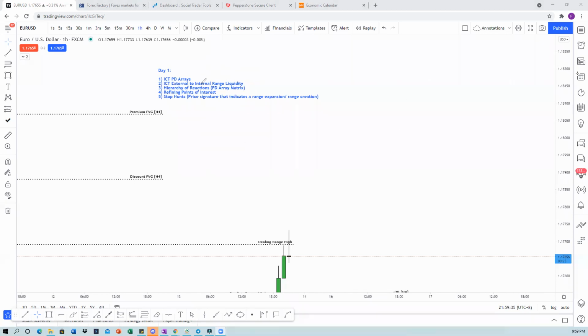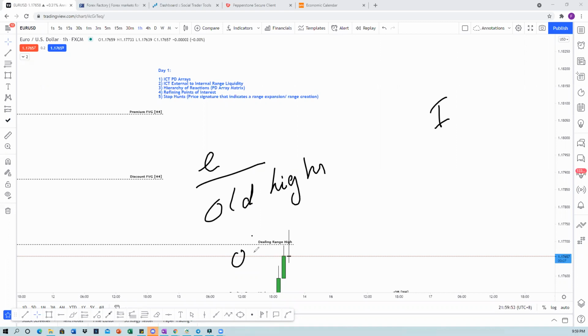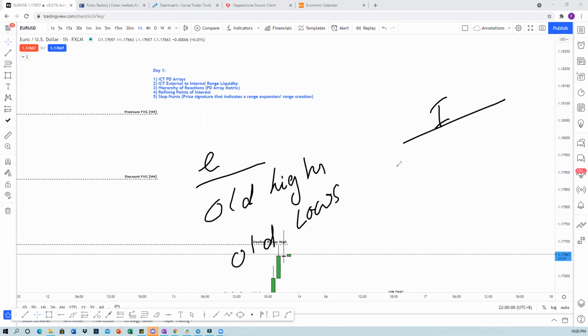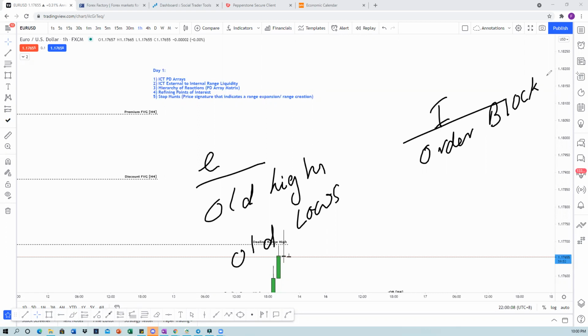So in terms of looking at the normal external to internal range liquidity, we know that external range, denoted by E, and internal range, denoted by I, the external range is the old highs and old lows, and the internal range would be the order blocks.